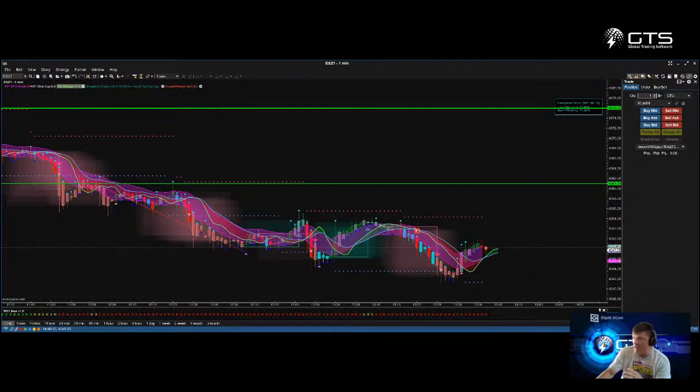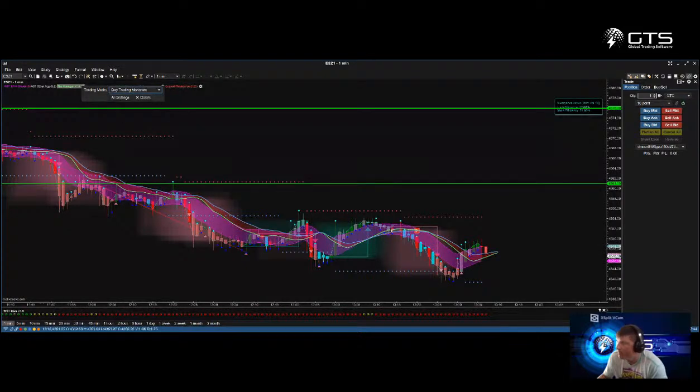So you actually maximized your profits and got out at 38.50-ish, which is different by a whole lot. Wow. Well over 10 points. 12 points.